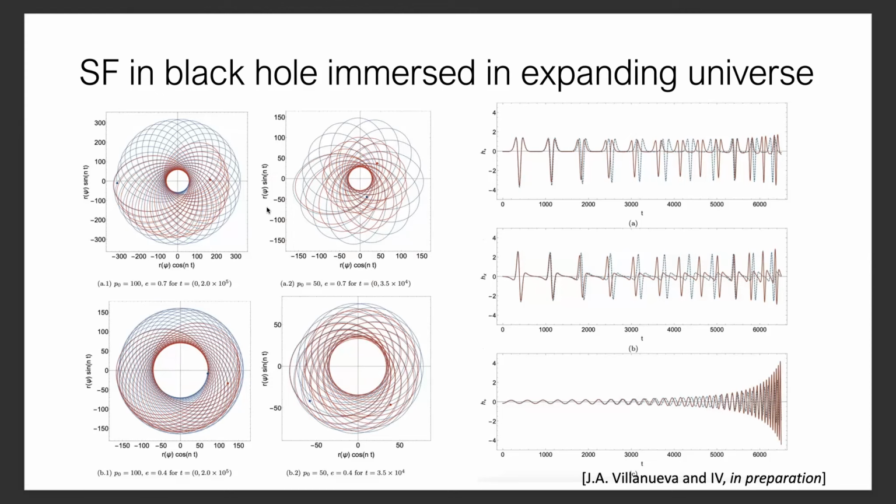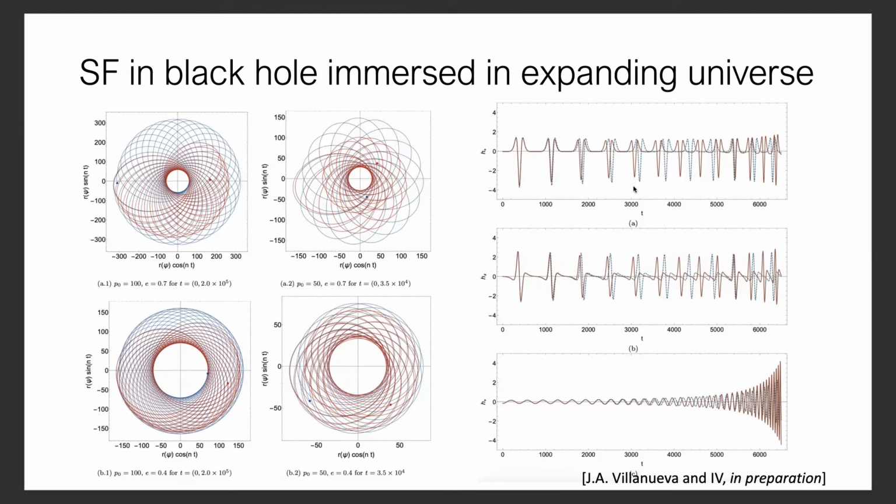So here is an example of the effect of this cosmological expansion on the evolving orbits. What you see here in the fairly regular blue curves is what you get for evolutions, for radiation reaction, in Schwarzschild, whereas the corresponding red ones are what happens when you consider the effect of the cosmic expansion. Here we've artificially made the cosmological constant rather large for us to be able to see these effects.